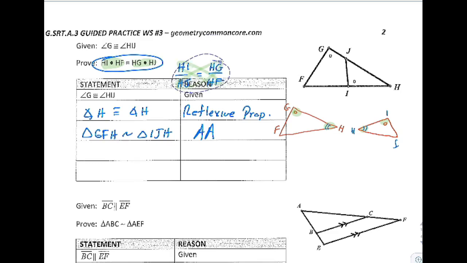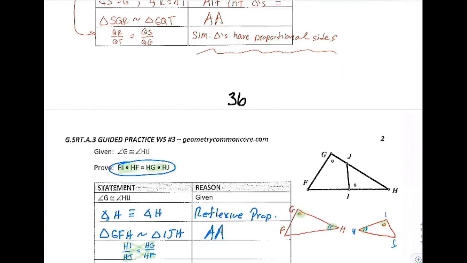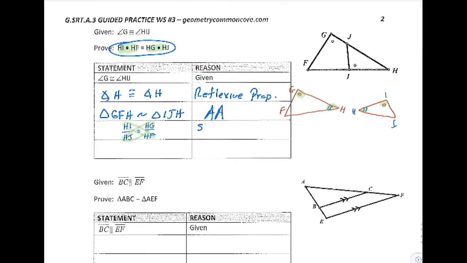So this actually goes here for the same reason we had here, in that similar triangles have proportional sides. And then we write exactly what it said here.